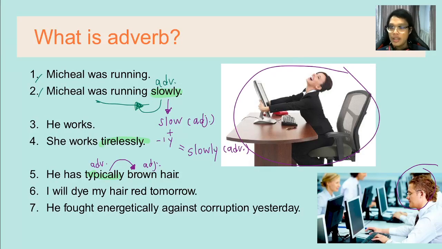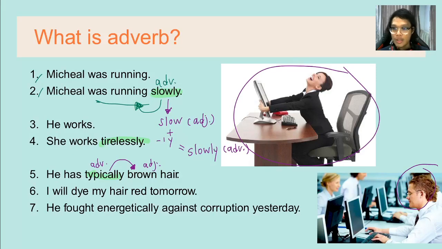So here again, I don't want to go into much detail about how to order the sentence and which word modifies which, but I just want you to have the same basic understanding of how we can use adverbs in the sentence.